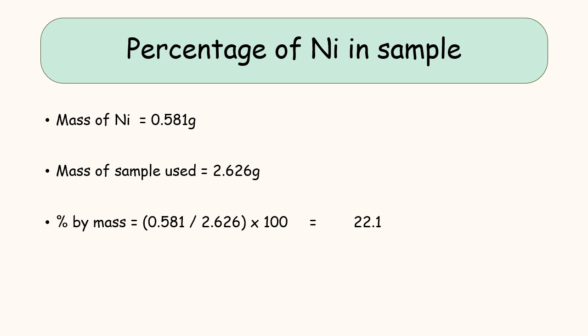Also from this, if we know the mass of nickel, we could work out whether or not there were 6 waters per molecule as we expected, or whether it was different. So we could use that as a different way of working out the waters of crystallisation as well.